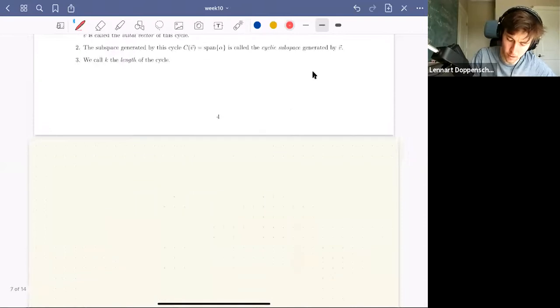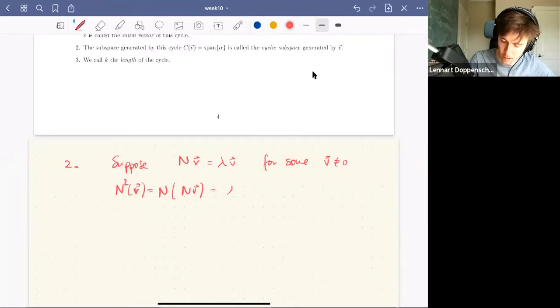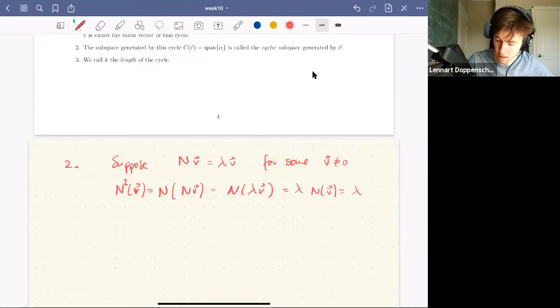So suppose N times v is equal to lambda v for some v non-zero. Then if you keep applying N, N applied to Nv, which is just N squared of v, will be N applied to lambda times v, but because it's a linear transformation, we can bring the lambda out. So we have lambda N of v, this is lambda squared v, and so on.